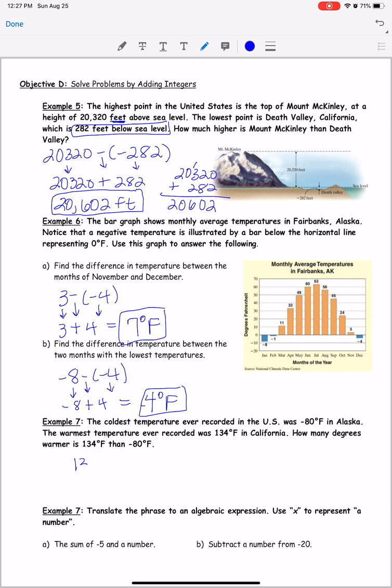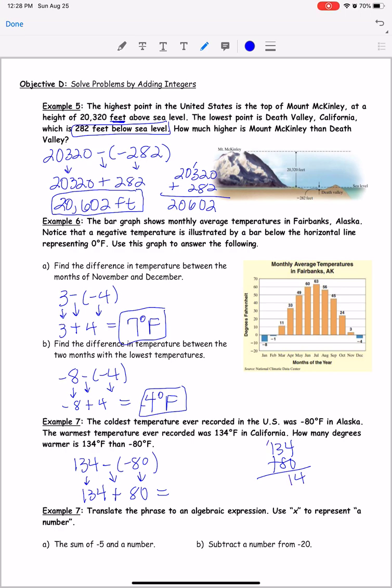So we've got 134 minus a -80. Either take that double positive and change it to a giant plus sign, or keep your first number of 134, change your subtraction to addition and flip this sign so it becomes 80. So we've got 134 plus 80. 4 plus 0 is 4. 3 plus 8 is 11.